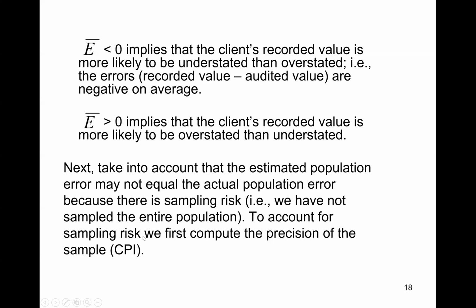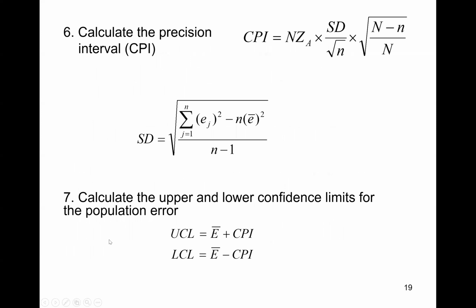So to quantify this sampling risk, you have to compute what's known as the precision interval. CPI stands for the computed precision interval. So how do you do that? Well, the formula is here.